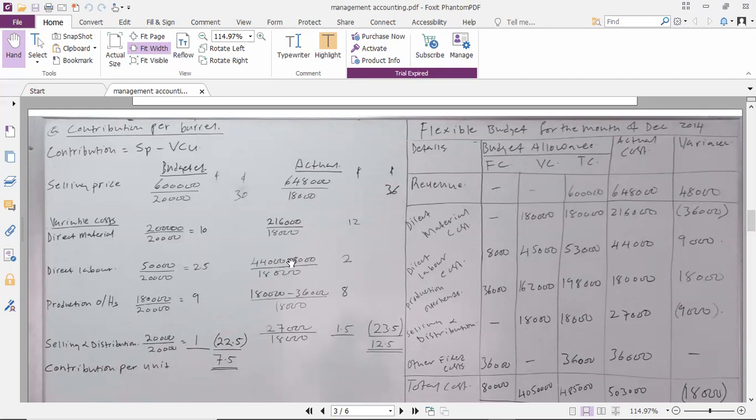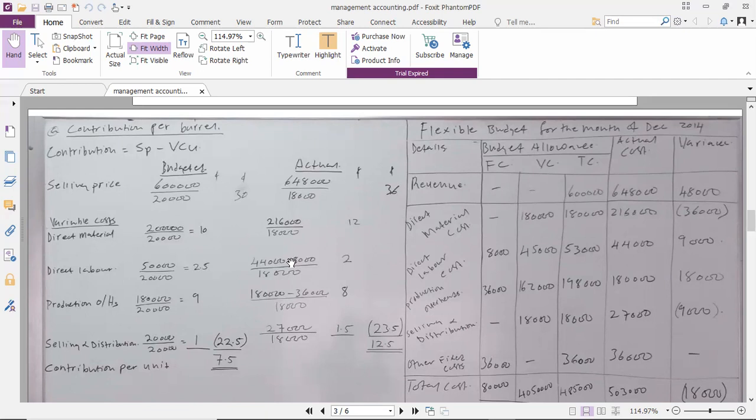And they were telling you that any change in output causes a change in the fixed labor cost by 2,000 and in the fixed production overhead by 4,000 in the same direction. So if output is increasing, then fixed labor cost must increase by 2,000 and fixed production overheads must increase by 4,000. But in this case, output is decreasing, so those two must also decrease.